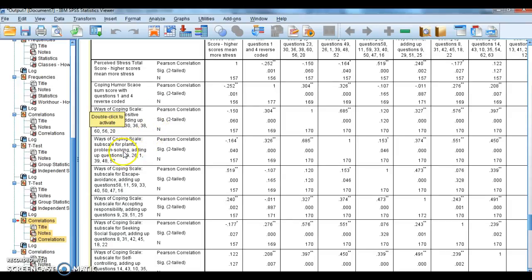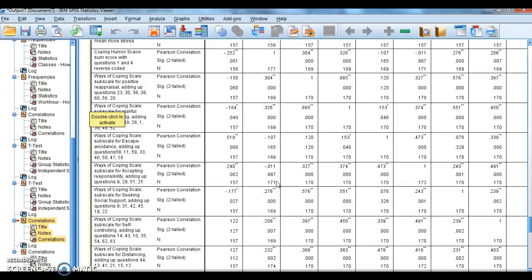Those with an adaptive coping style, planful problem solving, have less perceived stress and are more likely to use humor. So you can see this is a negative correlation and this one is a positive correlation. Now when we look at escape avoidance, that is positively related to stress, but it's a non-significant relationship with humor.